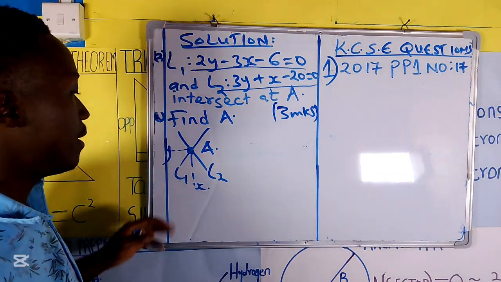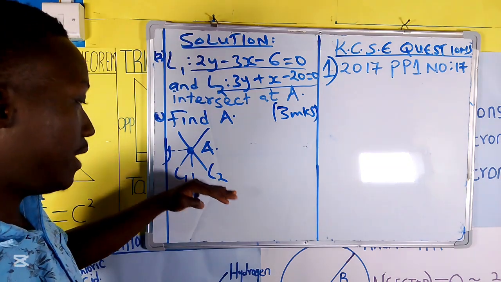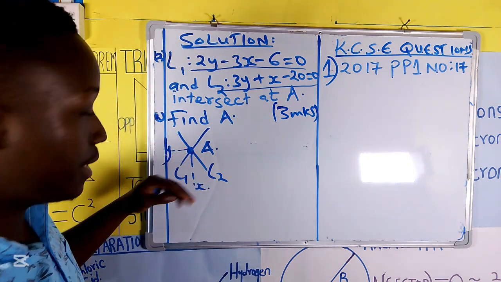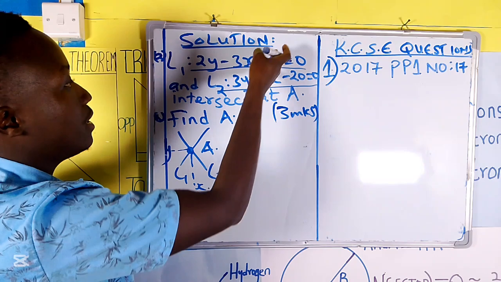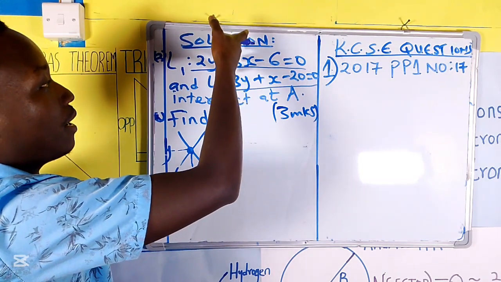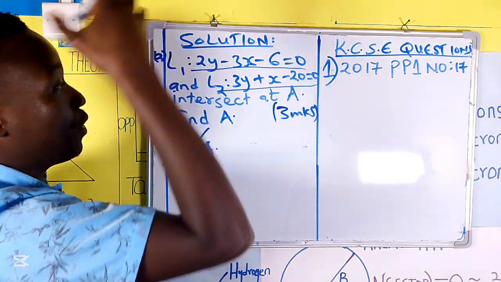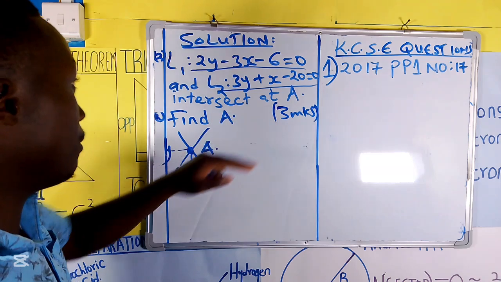That simply means both lines have the same x and the same y. So for us to solve this question, we are going to solve the two simultaneous equations.